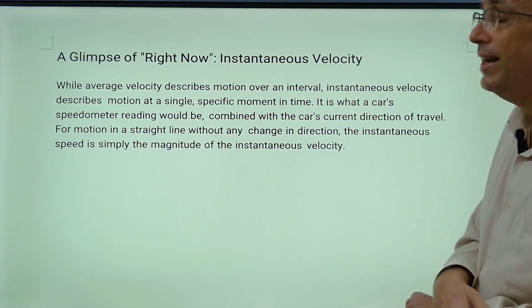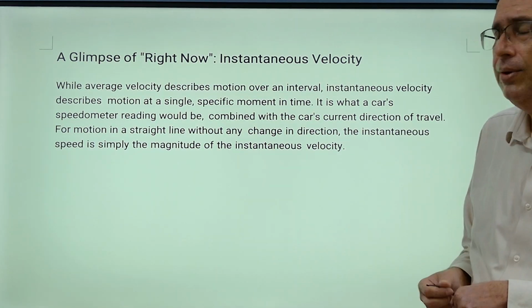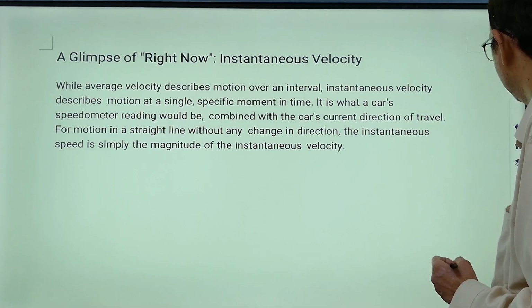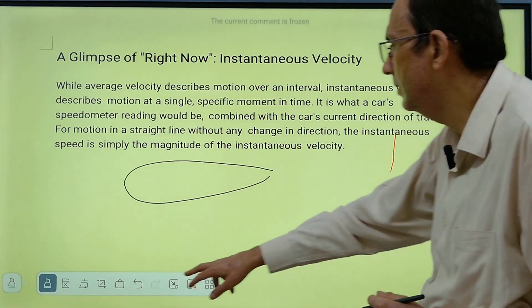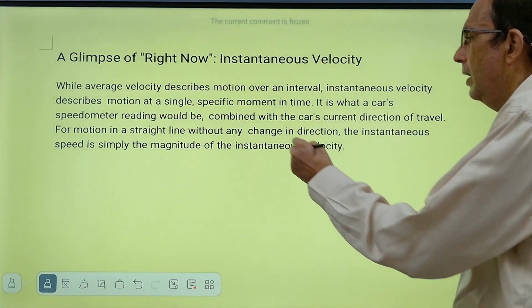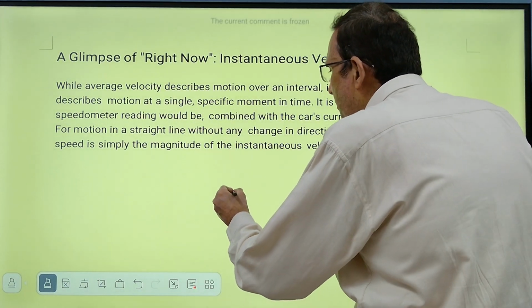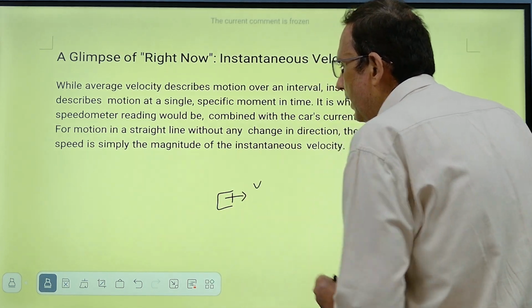Then we talk about the instantaneous velocity. So it is basically, as you can see here, let us say an object is moving with a certain velocity v.